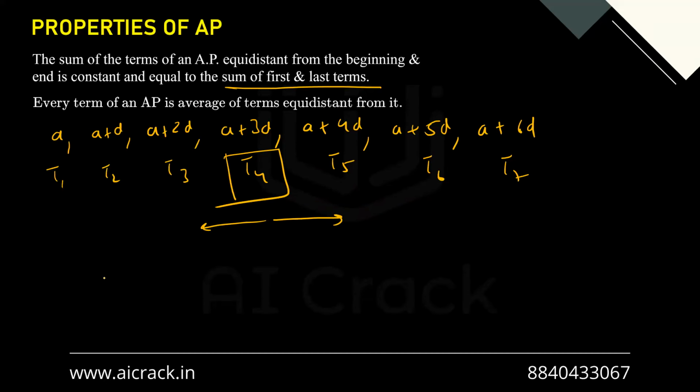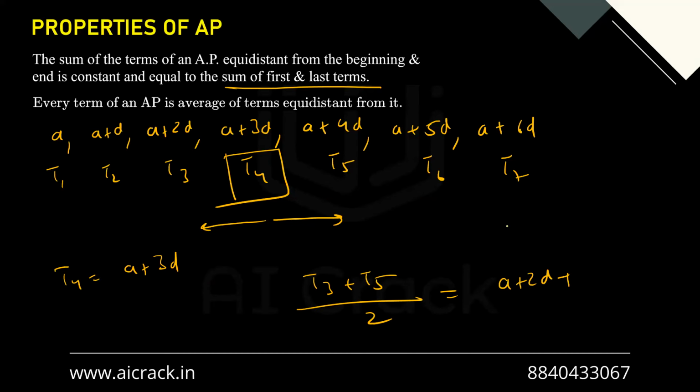So let's do that. T4 equals A plus 3D. Now what we have done, we are going 1 unit over here and 1 unit over here. So we have got T3 plus T5 and we have to take the average, divide by 2. That would give us T3 is A plus 2D, T5 is A plus 4D, divide by 2. That gives us A plus 3D only.